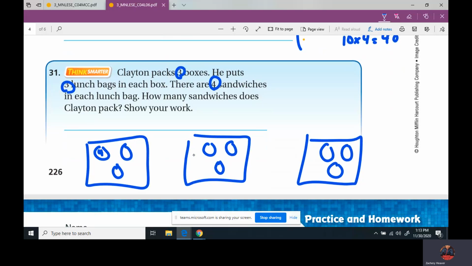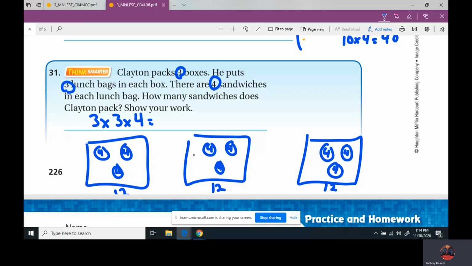So I'm just going to put 4. Instead of drawing 4 dots, I'm going to put 4 in them. We know each circle stands for 4. So we have a few equations. We can just add up 1 box. 4, 8, 12. So you have 12, 12, and 12. Or we know we have 3 boxes with 3 bags in it and 4 sandwiches in each bag.